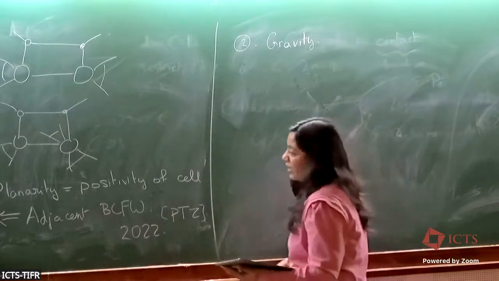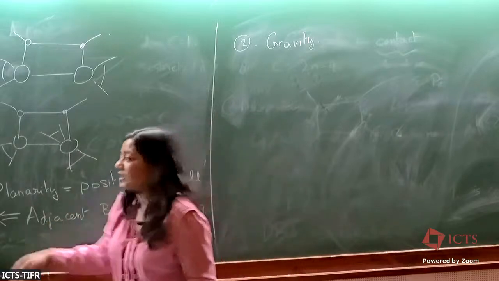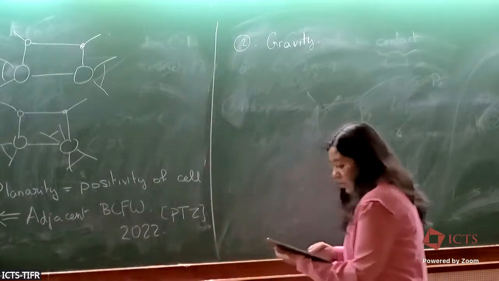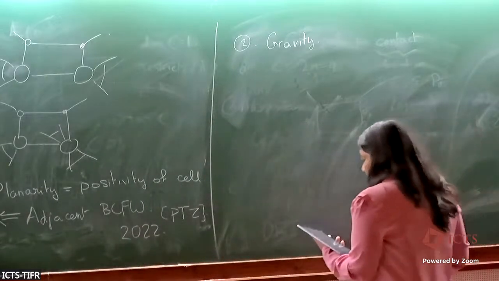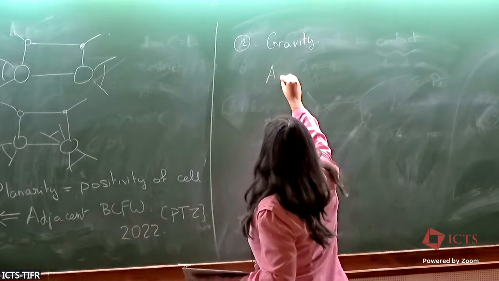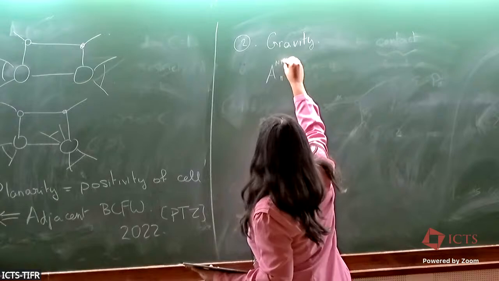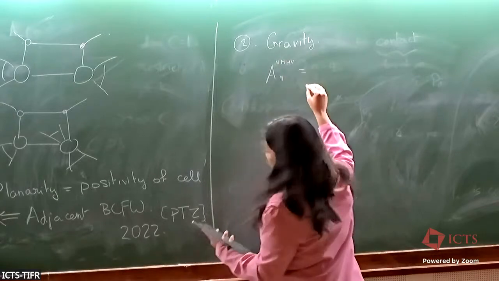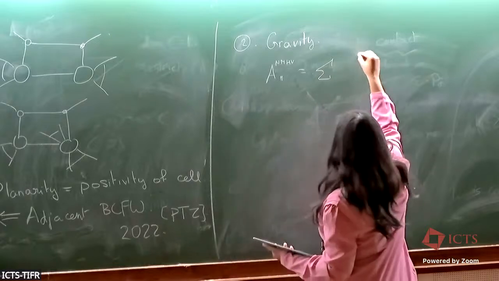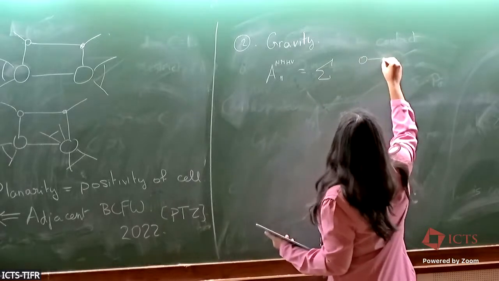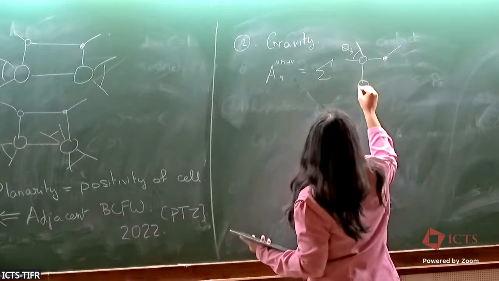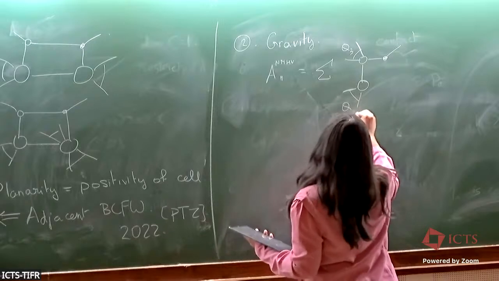And they don't have as clear an interpretation as these kinds of objects over here. Yeah, so that being said, you still can write down NMHV, let's say, for gravity, as some sum over contributions like this, where these white blobs are MHV.